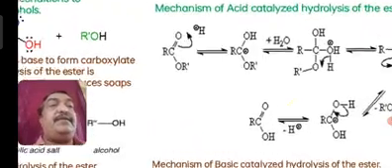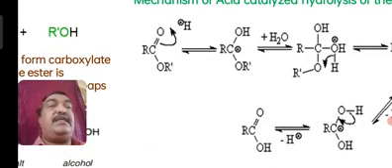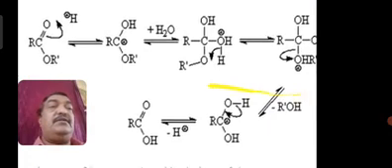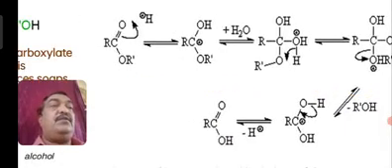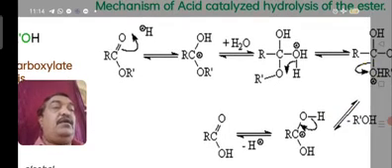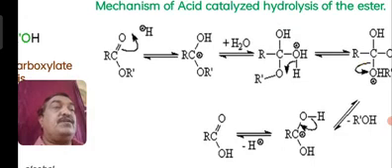Okay, I repeat again. In the case of acid catalyzed reaction, this RCOH takes a proton because acid is there, then it will become a cation with OR' and OR. Now here the water molecule is added to this cation to form OH, R and O OH.